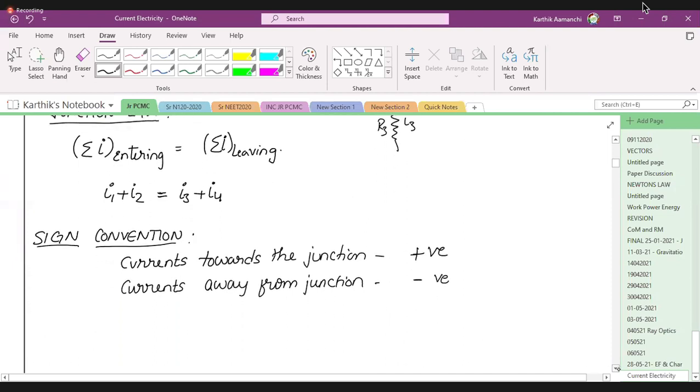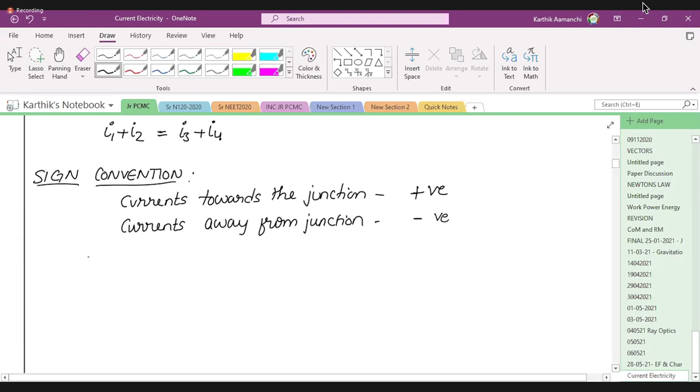This is the sign convention which you will follow for your junction law. Clear? Understood?